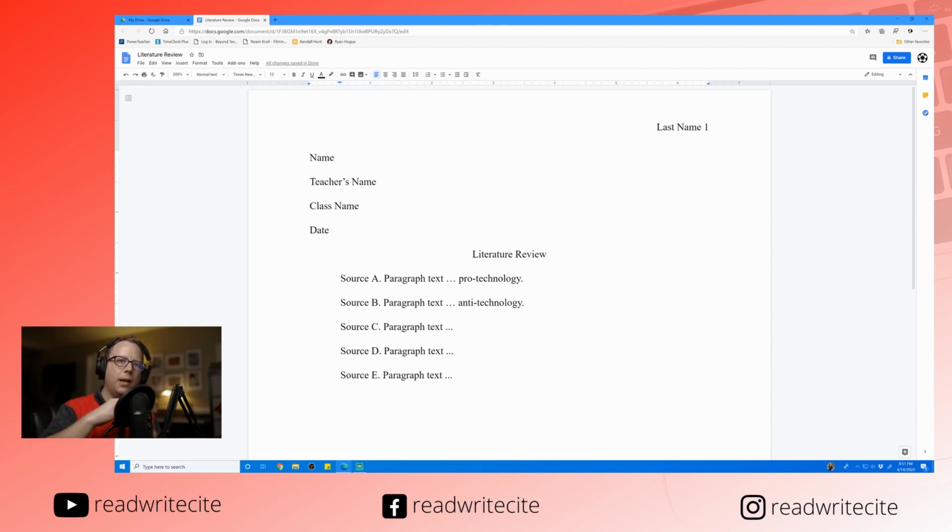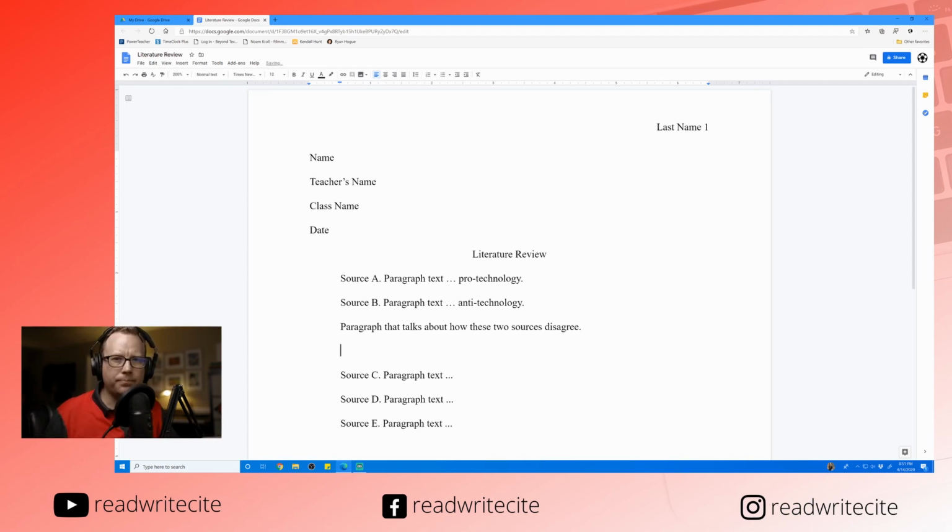They may not agree, but if I'm going to talk about them in, say, another paragraph, let's say I introduce source A, which is for technology, and then I follow that up with source B, which is against technology. My following paragraph might be a paragraph that talks about how these two sources disagree.